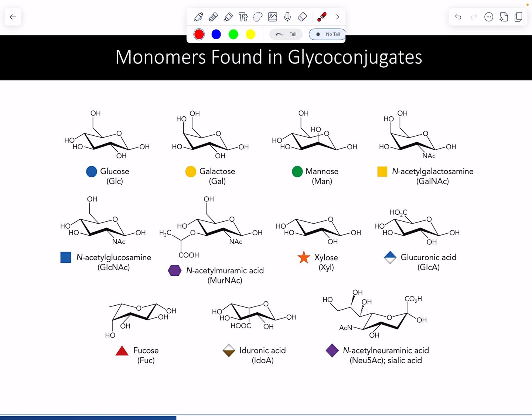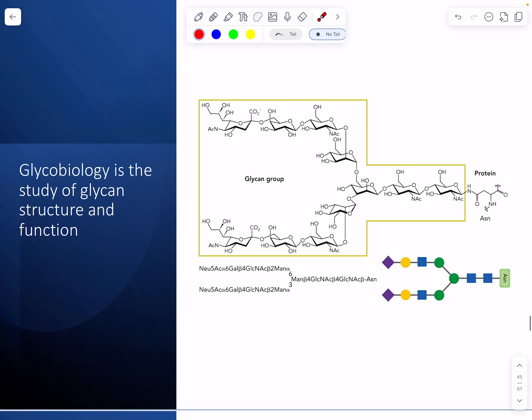And again, there is an organization that is IUPAC-like. It's called the Consortium for Functional Glycomics, CFG, which kind of sounds like a spy organization, that determines who gets to be the blue circle and who gets to be the orange star. So how these symbols get used is shown in this figure.